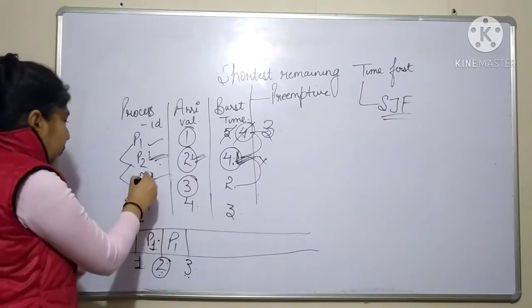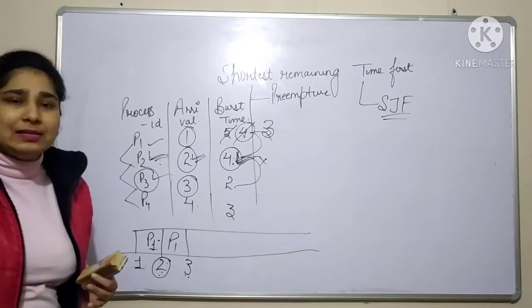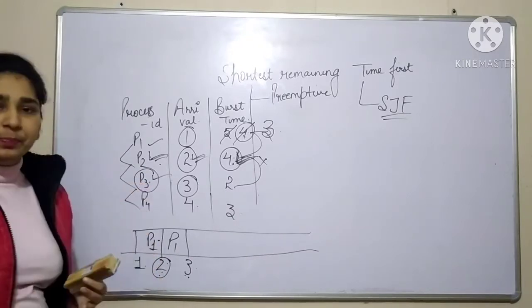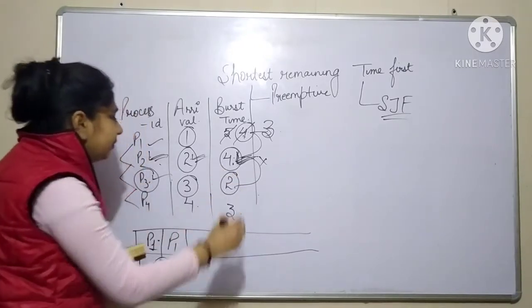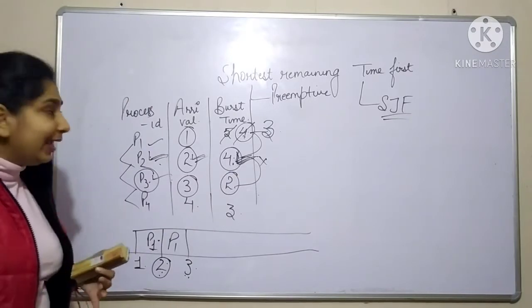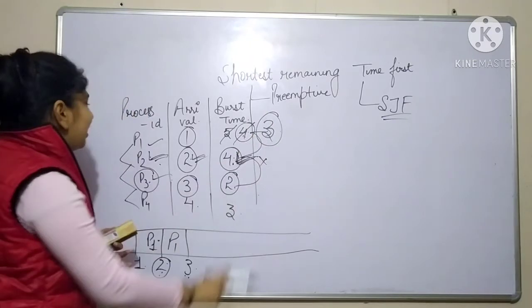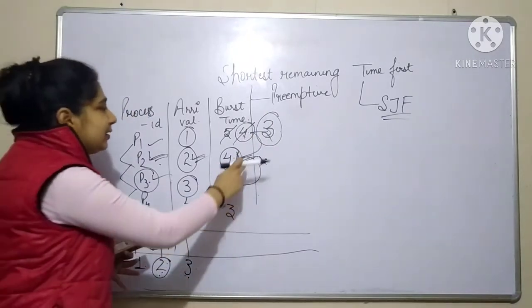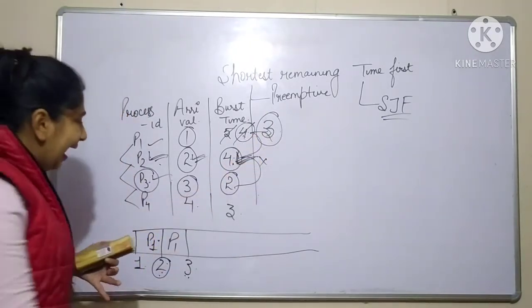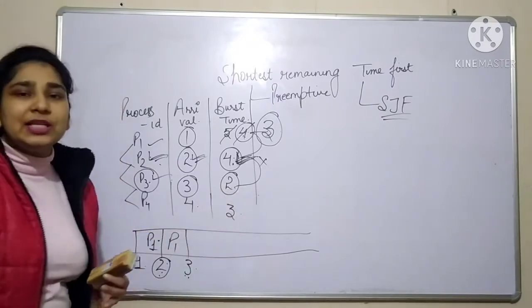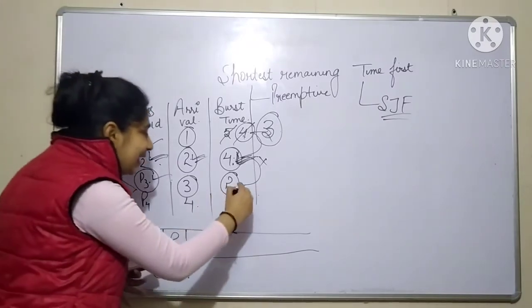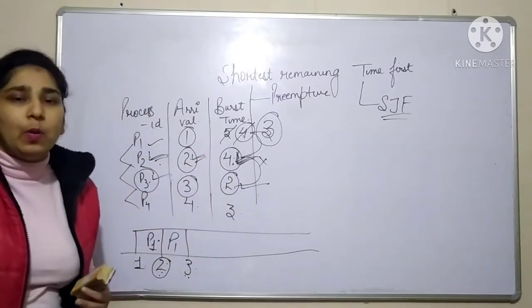Now we have one more process present in the main memory, P3, and its burst time is 2. This is my currently executing process P1 and its burst time is 3, and process P3's burst time is 2. It has less burst time than process P1.